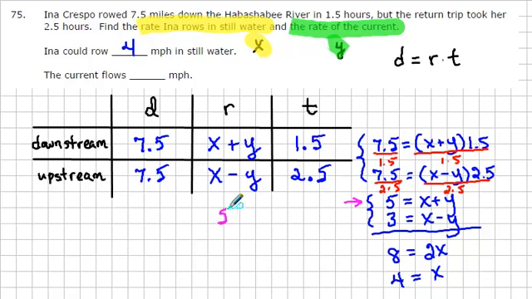Then we would have 5 is equal to x, which is 4, plus y. Subtracting 4 from both sides gives us y is equal to 1. So y is equal to 1. y represents the rate of the current. The current flows 1 mile per hour.